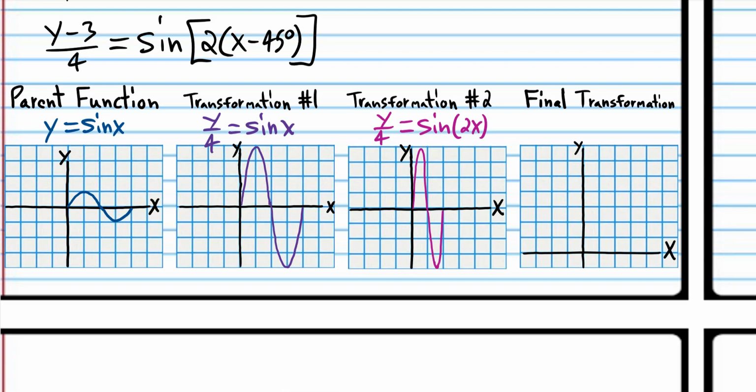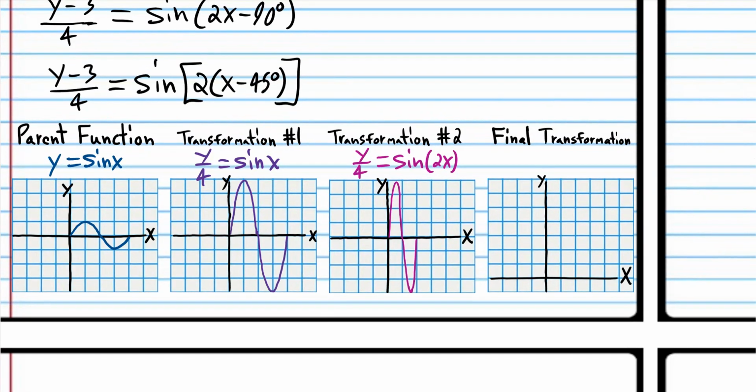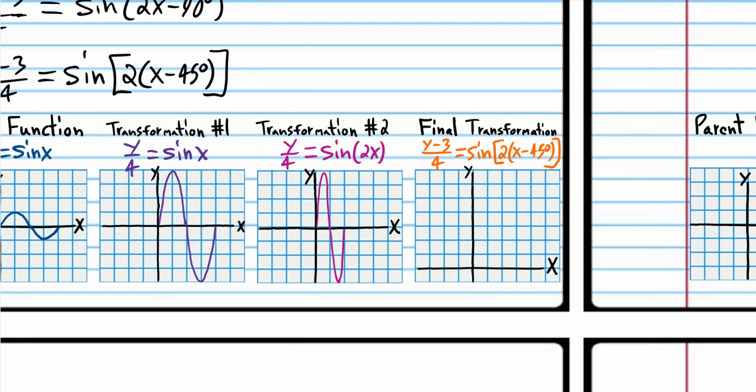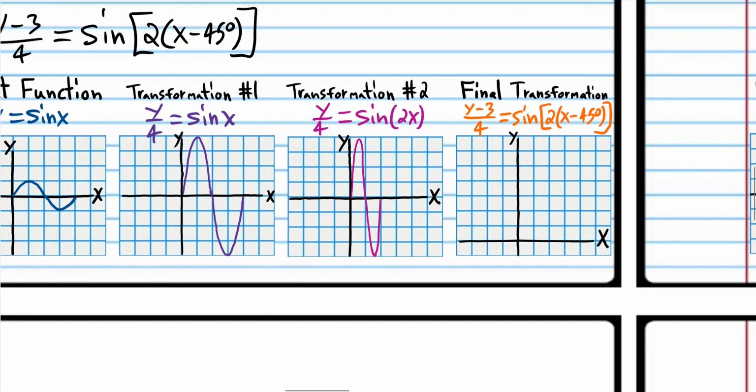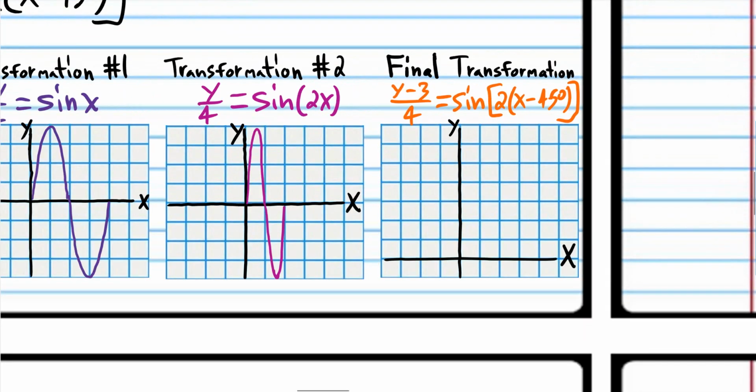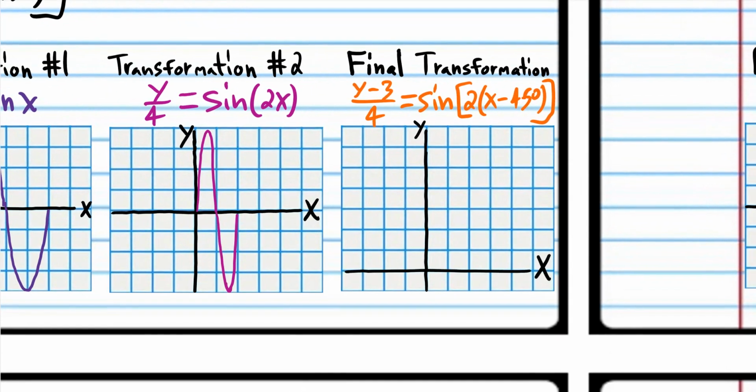And now we're going to subtract 3 from y. So now we're going to replace x with x minus 45. Whenever you subtract 45 from x, you move the graph 45 units to the right. And we're subtracting 3 from y, so you're going to move up 3 units.